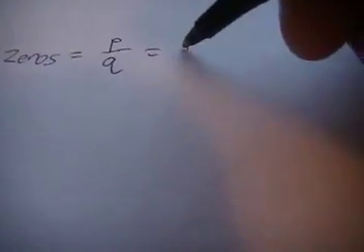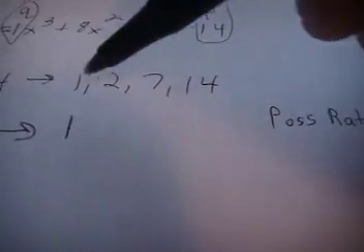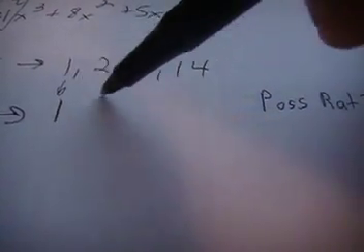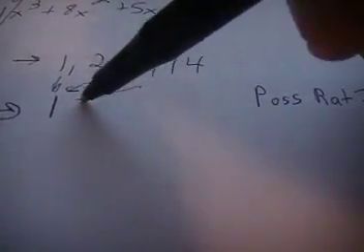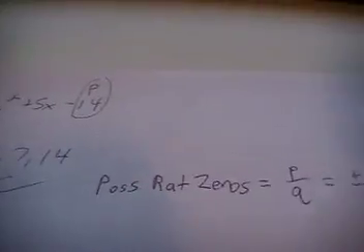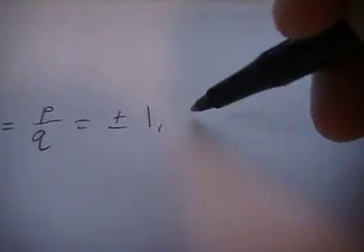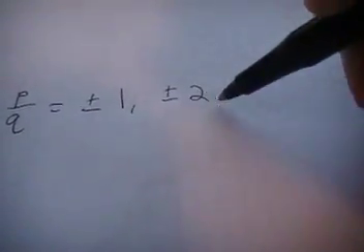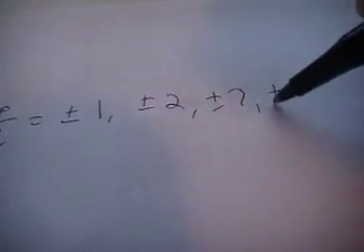And every single one you put plus or minus on it. And whenever q is a 1, it turns out the list is all the p's, because you're literally just doing 1 divided by 1, 2 divided by 1, 7 divided by 1, and 14 divided by 1. Everything divided by 1 is itself. So we really just get the p list here. Plus and minus 1, plus and minus 2, plus and minus 7, and plus and minus 14.